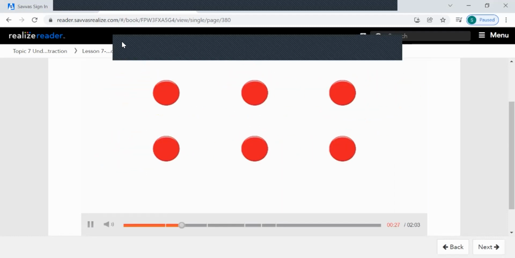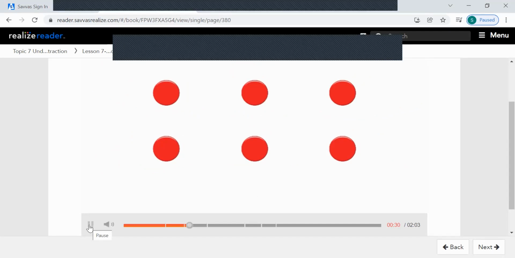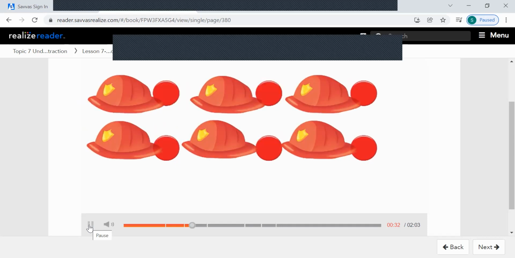What do the counters stand for? We're using counters for the fire hats. So each counter is representing 1 fire hat. The counters stand for the fire hats.